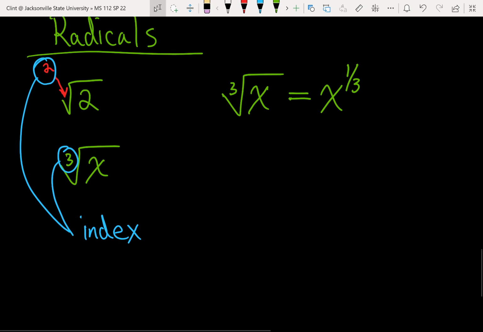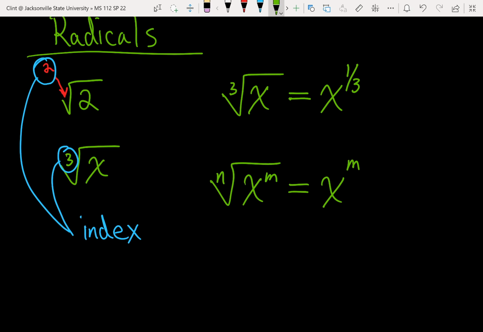And the form they take is if we have something like this. So I've got the radical, I have an index of n, and then the thing underneath my radical, the radicand, you don't have to know that, the thing inside the radical has an exponent of m. So if we change this to fractional exponent form, we get x to the m over n.